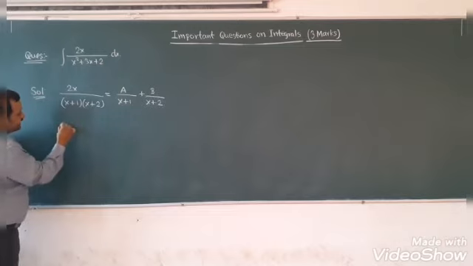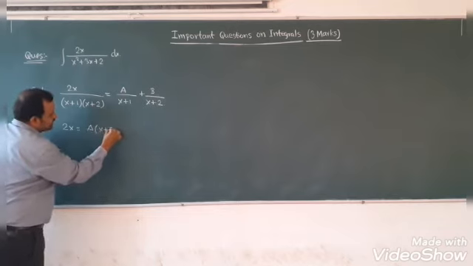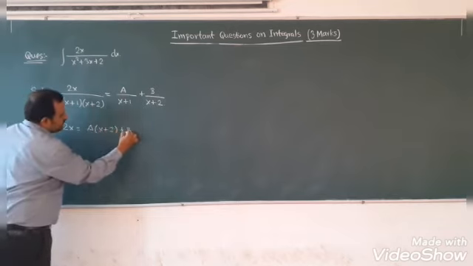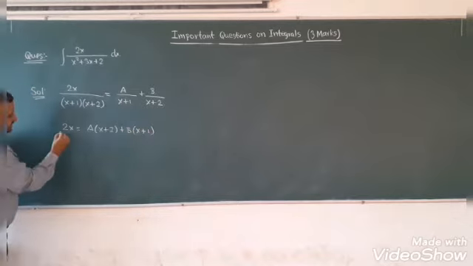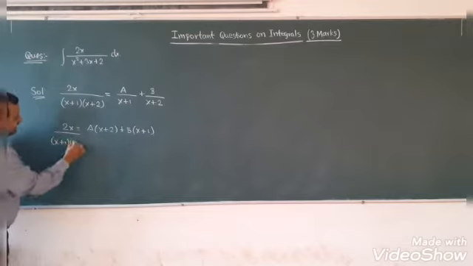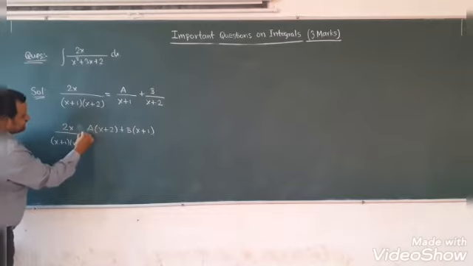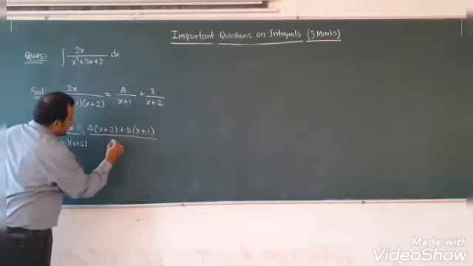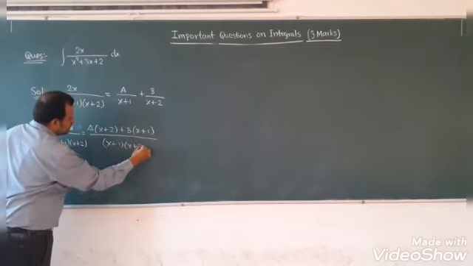So what is left is 2x is equal to, take the LCM, a into (x plus 2) plus b into (x plus 1), divided by (x plus 1)(x plus 2).